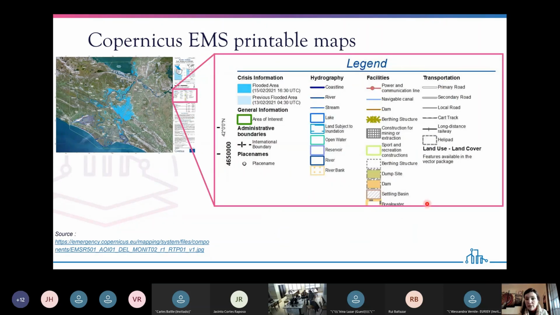Here you see the legend. The legend is really important. I can tell you shortly about an experiment that we did when I was working at the JRC. We showed some maps to experienced users, so to civil protection users, so people who were used to these maps. And we used a tool for measuring where they were looking.